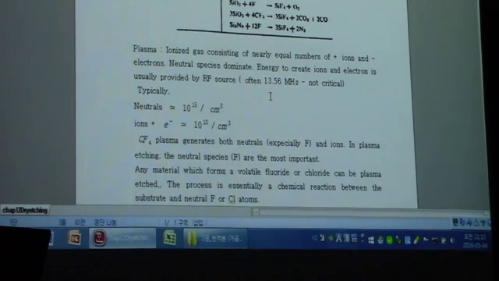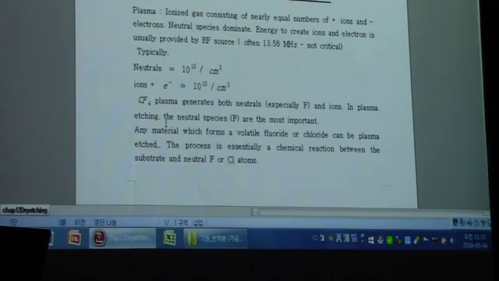Okay, this is the radio frequency. Okay, and we apply high voltages to the gas here. Then we can create the ions and the neutral atoms, and that is called fragmentation.